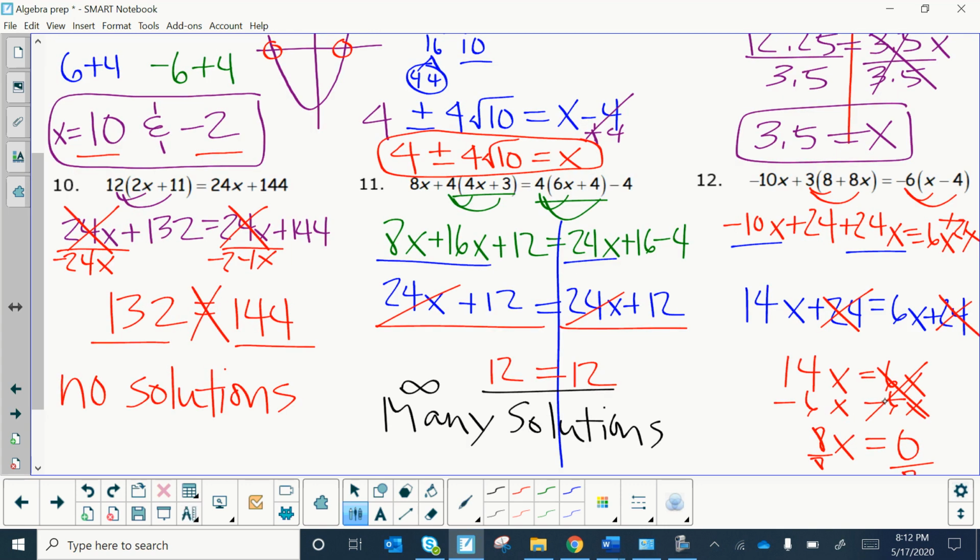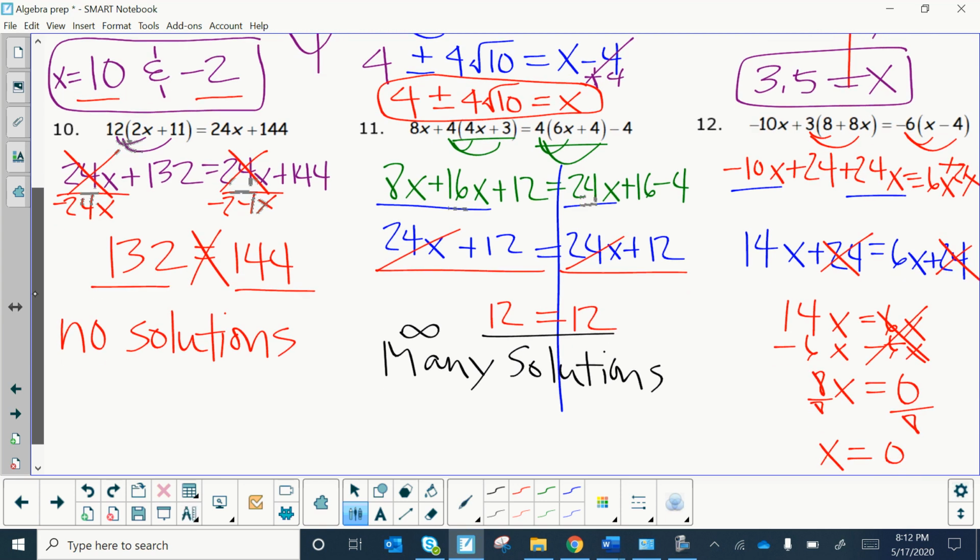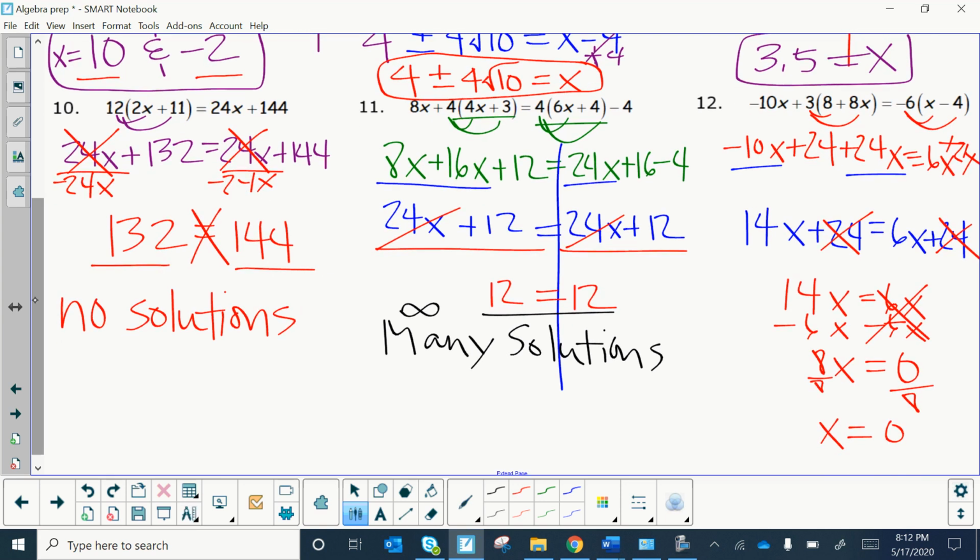Simply 0. So what you'll remember in the future is whenever you have, let me get my highlighter, whenever you have 14x equals 6x or any x equals another x, then you'll just have to realize that the only value that will work is 0 right there. Okay? So in this case, x equals 0.